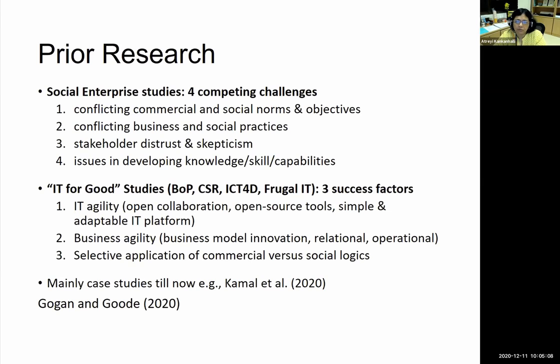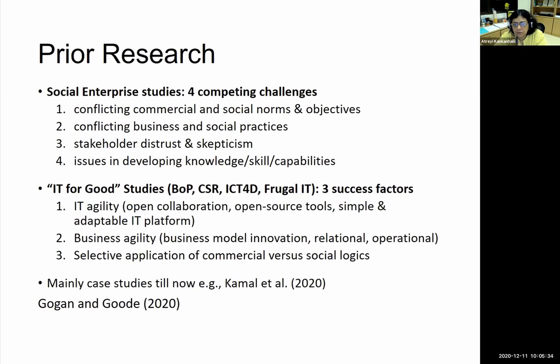First is the conflicting commercial and social norms and objectives. That's something unique for social enterprises, which may not apply to the other kind of enterprises. There's also conflicting business and social practices. The third challenge is the stakeholder distrust and skepticism.